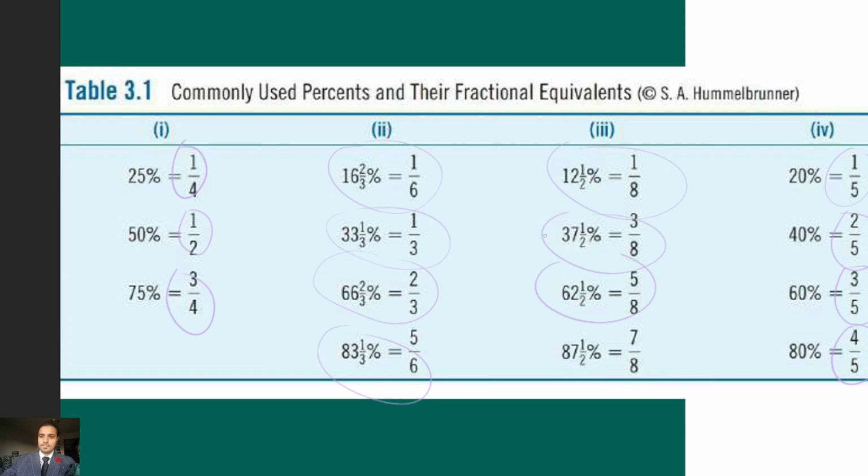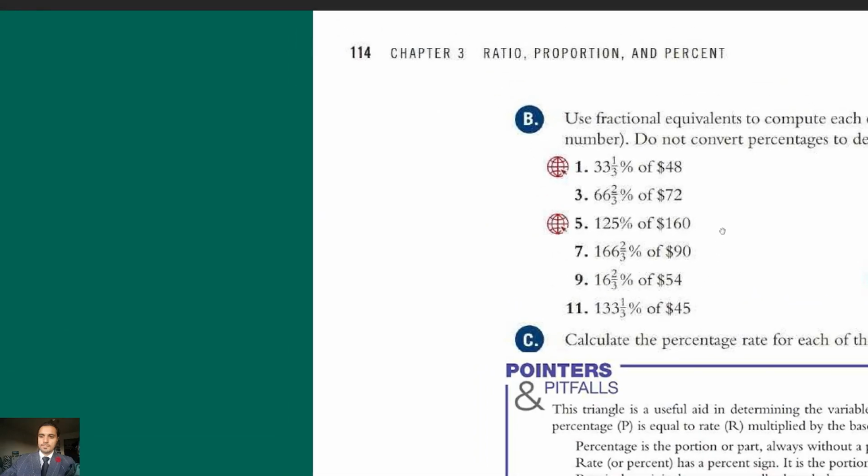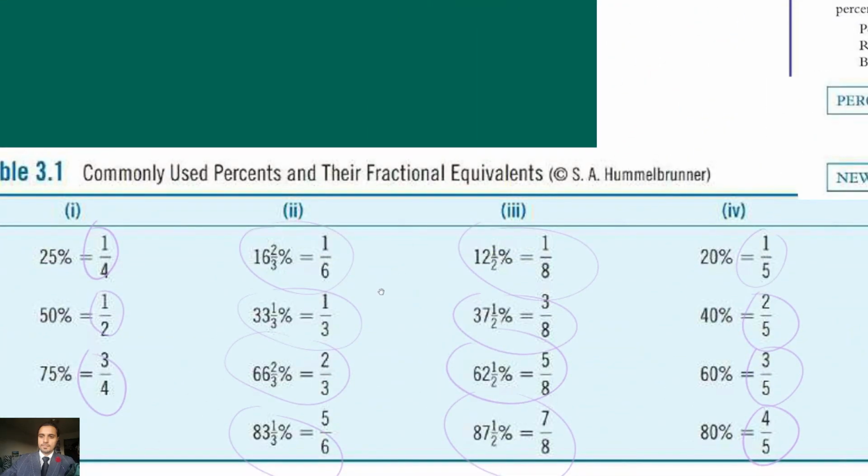So we have to use these to solve these problems. Let's say 33 and 1/3% of 48. Is it listed down here? We'll just look for it. Yes, it is. It's 1/3.